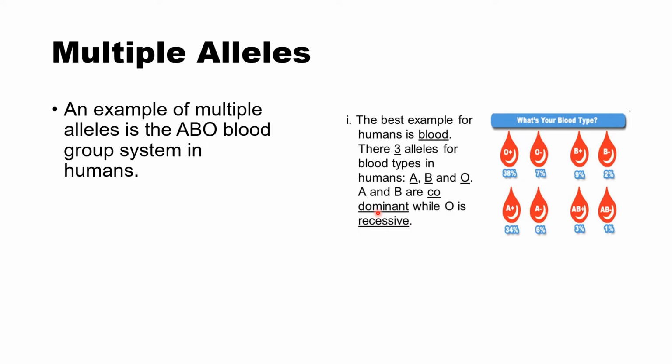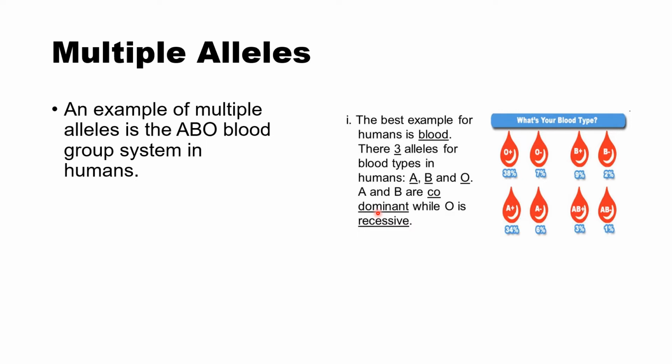Pero kung yung sa genes mo is parehong letter O, yung allele, then yung blood type mo will be type O. Kasi parehong O, parehong recessive yung blood type mo. So, yun yung lalabas.